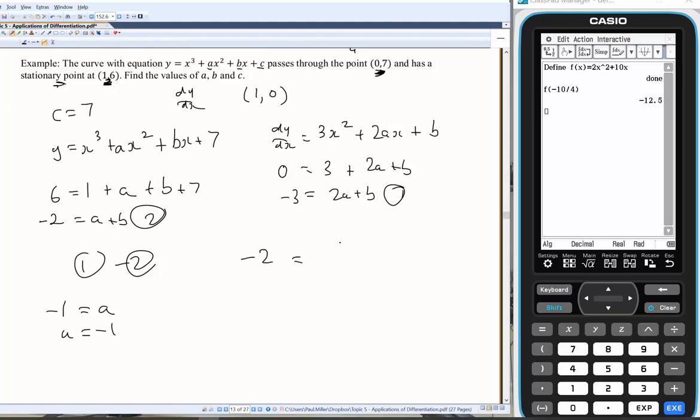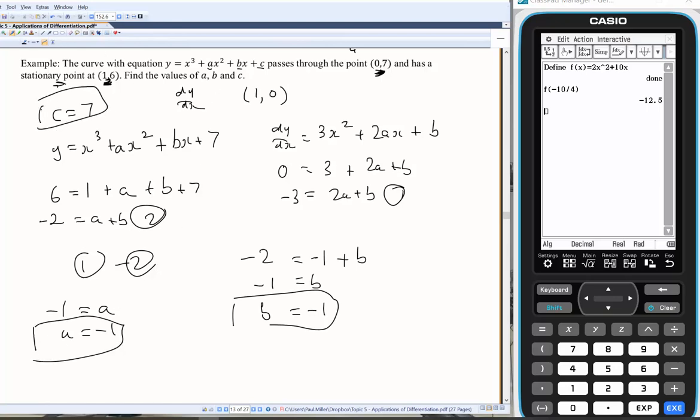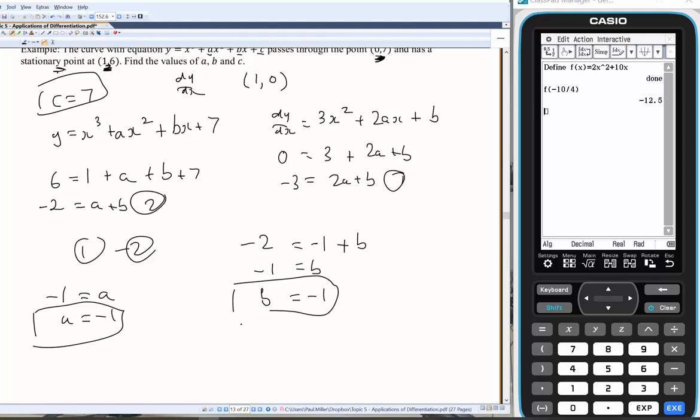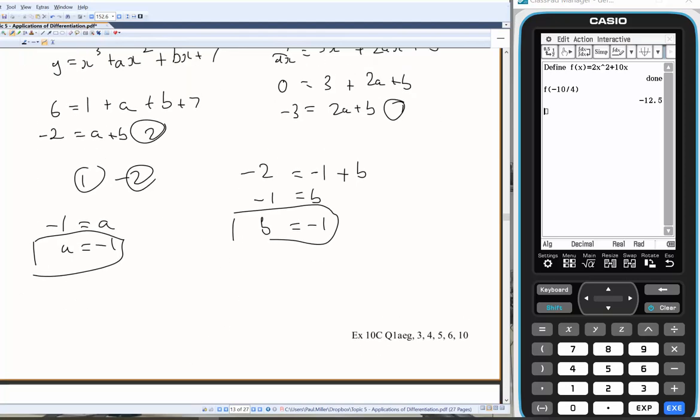So negative 2 equals negative 1 plus b. Add 1 to both sides. B is also evidently negative 1. So b is equal to negative 1. There's our 3 unknowns found. All right. And there is the 10C exercise.